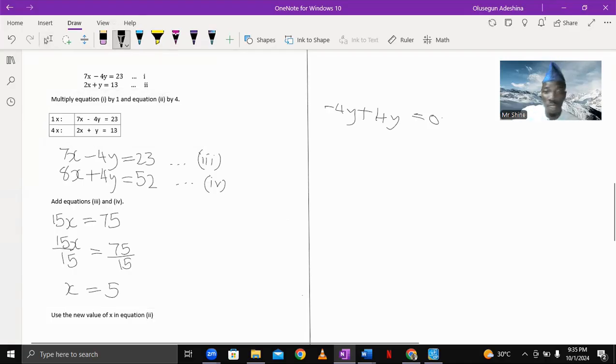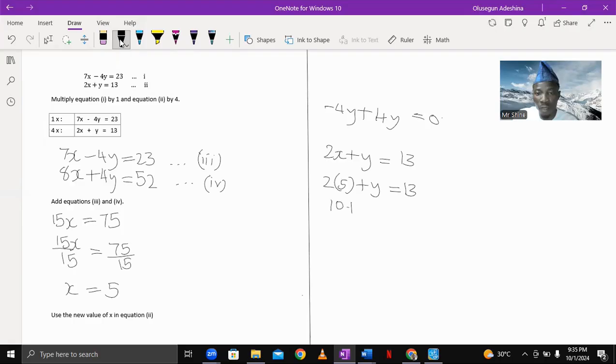So this is what we have. In equation 2, the equation is 2x plus y is equal to 13. Now that we are replacing x with 5, we can conveniently say 2 times 5 plus y equals 13. 2 times 5 gives us 10 plus y equals 13.